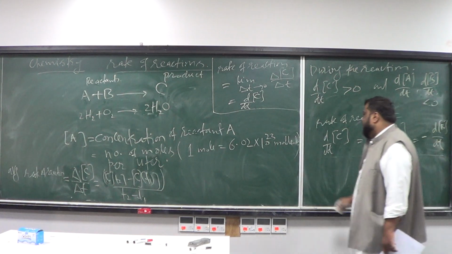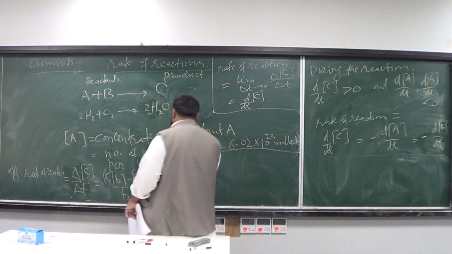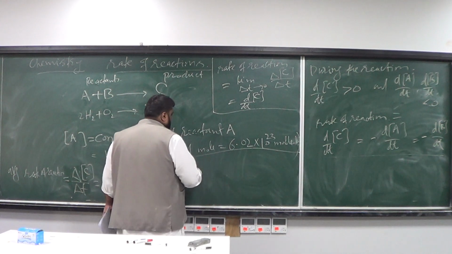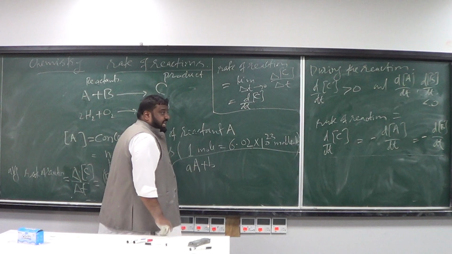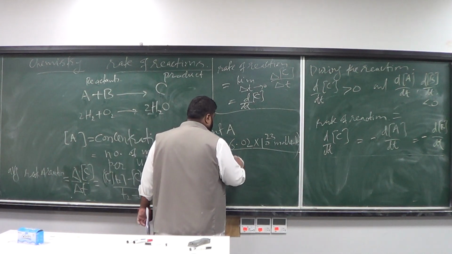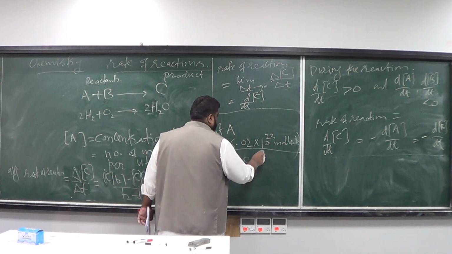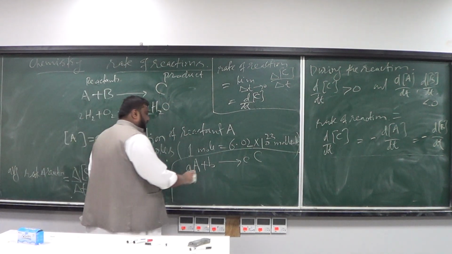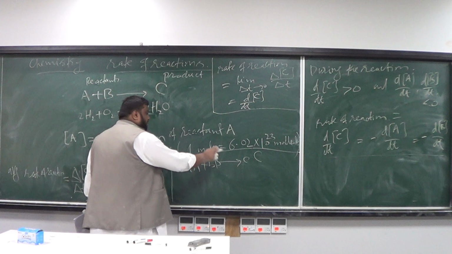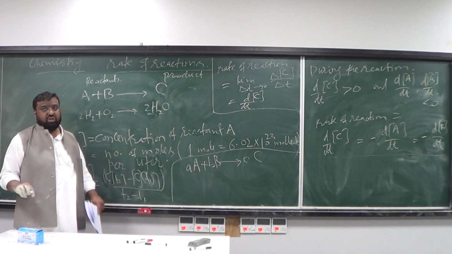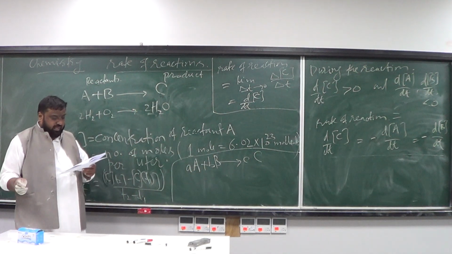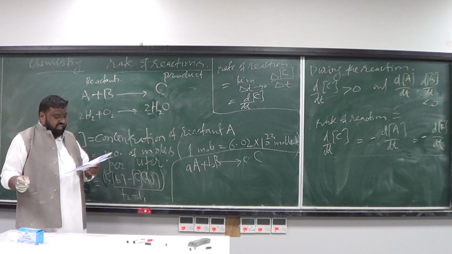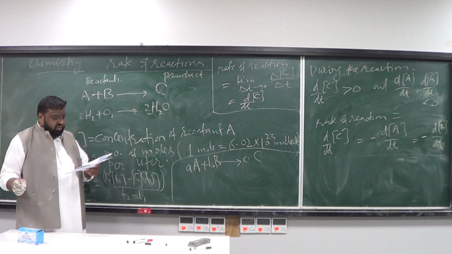But if you are talking about, for example, a generic reaction, imagine you have a molecules of reactant A and b molecules of the reactant B, and together they produce c molecules of the product C. So small a, b, c are the number of molecules of the reactants and product.